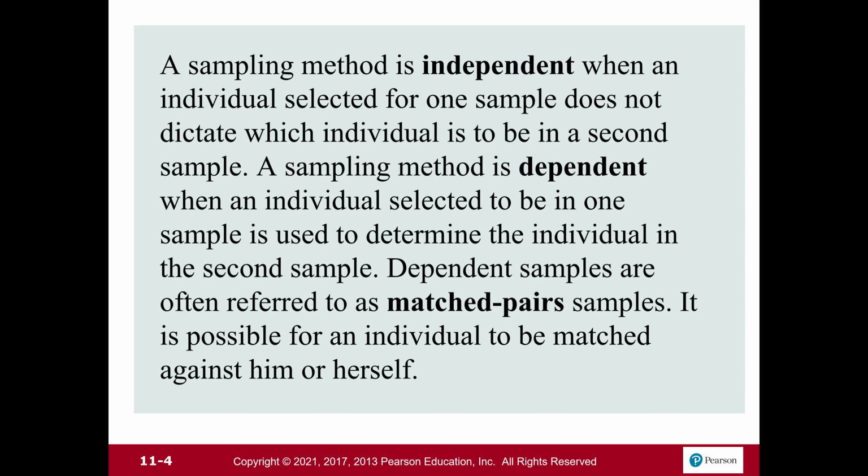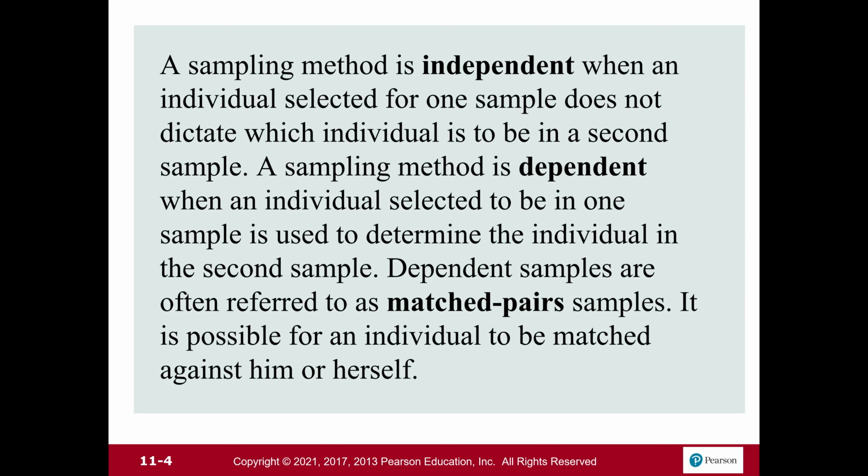Independent is when individuals selected from one sample do not dictate which individuals are to be in the second sample. And the alternative is dependent, and we call those matched pairs, when we have two different samples, but they are selected by matched pairs.